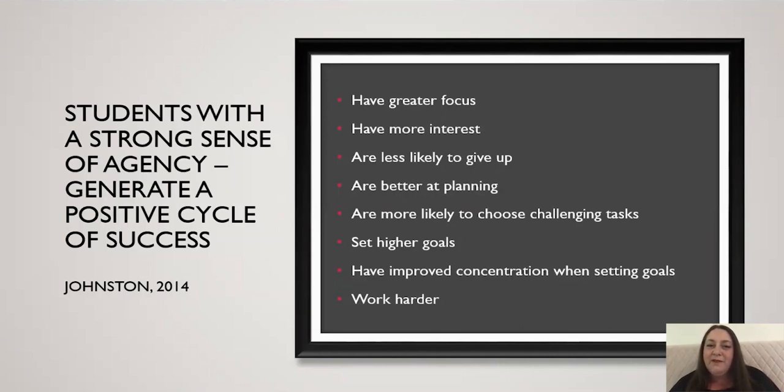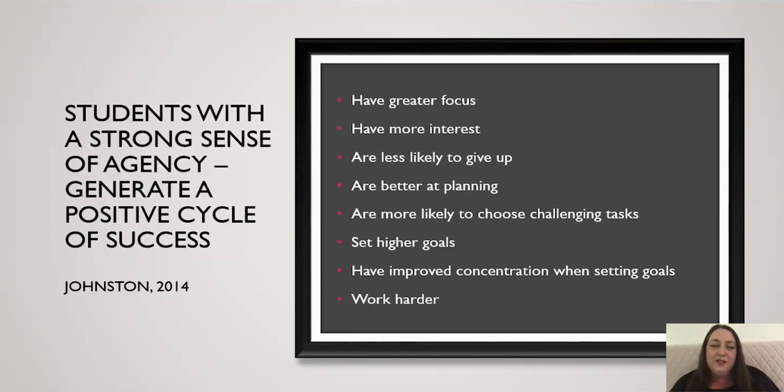They're better at the planning stage. They're going to choose challenging tasks. They're going to set higher goals, have improved concentration, and actually work harder. So his research was very much focused around these areas, and this was over a number of years. His research showed that when students did have a strong sense of agency, that these things happened.